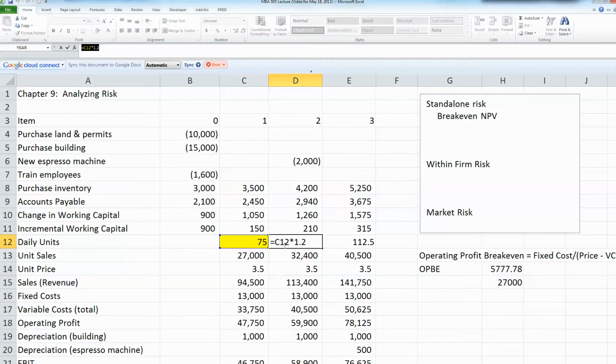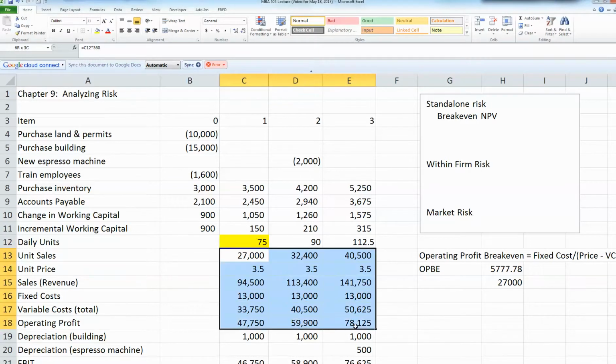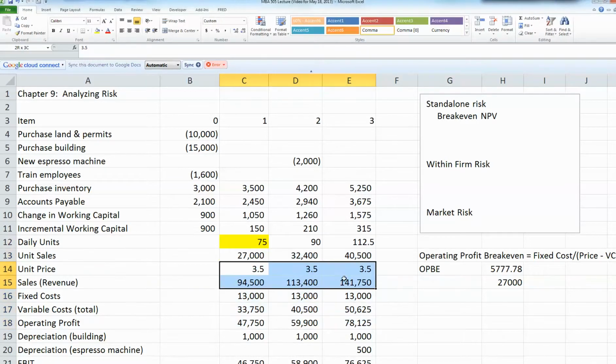But you can see that the number of units I expect to sell the second year hinges on the number of units I expect to sell the first year, if they can grow at 20%. And the third year, my expected growth rate is 25%. So if I change this cell, these two cells will change, and everything under it will change except for the price per unit.